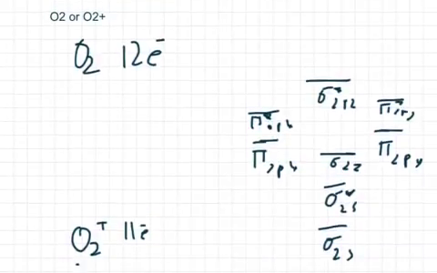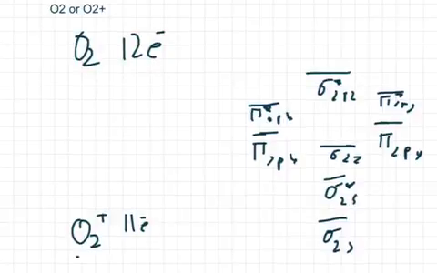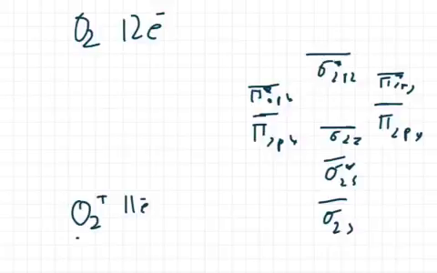So now that we know the valence electrons, we can figure out the electron configuration by simply filling in order: 1, 2, 3, 4, 5, 6, 7, 8, 9, 10, 11, 12.